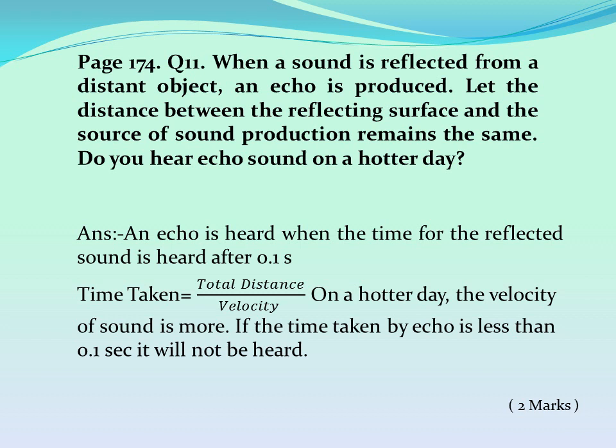An echo is heard when the reflected sound is heard after 0.1 second. Time taken equals total distance by velocity. On a hotter day, the velocity of sound is more. If the time taken by the echo is less than 0.1 second, it will not be heard.